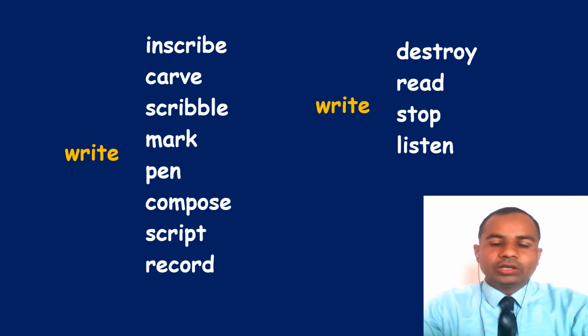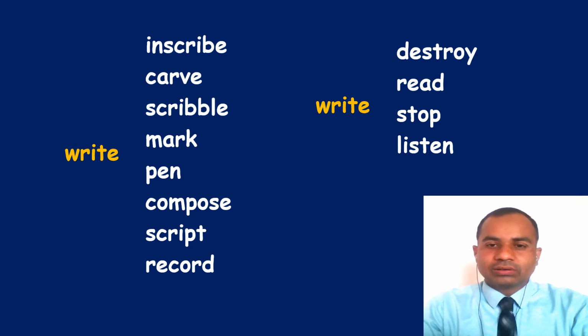So here in the next column we have "write", and against "write" we have the words like destroy, read, stop and listen. So how do we juxtapose these words with "write"?